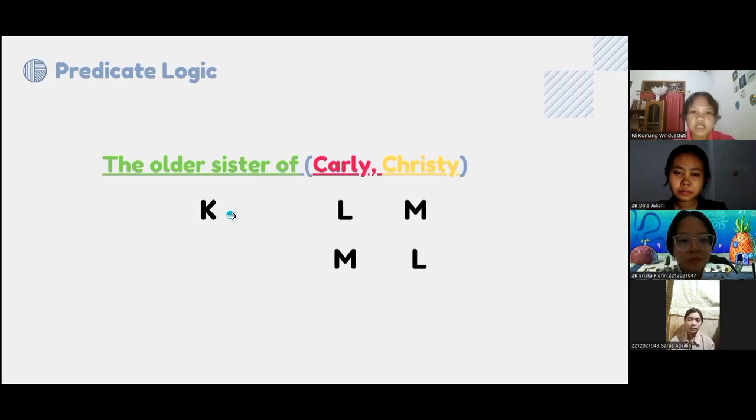The older sister of is the predicate, and Carly and Christy are the arguments. So we can say Carly is the older sister of Christy, or Christy is the older sister of Carly. Well, that's all about my explanation, and then the next material will be explained by my friend Eriska. Eriska, time is yours.